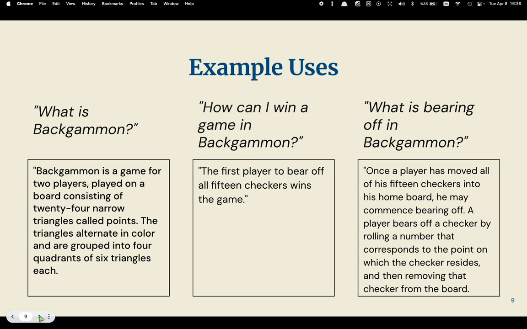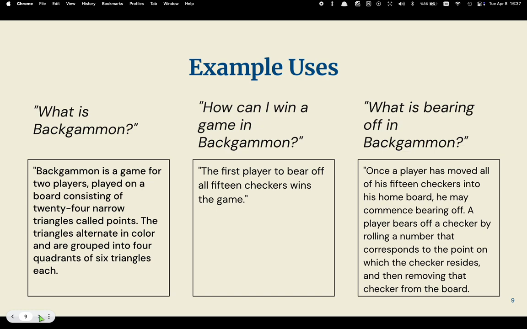So these were some of the questions that I tested, but of course there were some questions that it couldn't answer as they weren't in the rule book. For example, when I asked what's the way that the game moves, it wasn't able to answer that question.